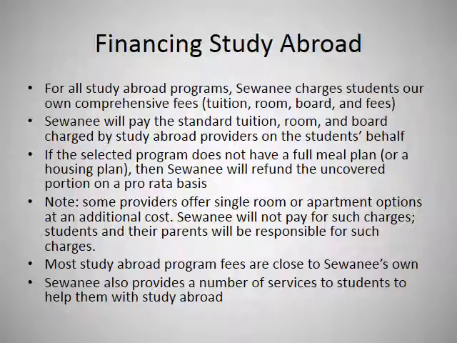Sewanee will bill the parents or the family directly for that, and then will collect that from the families. Sewanee then pays the standard tuition, room, and board that is charged by the study abroad providers directly to that program on behalf of the students.